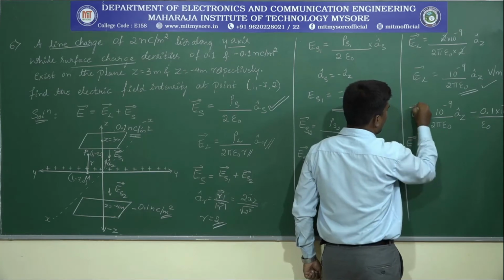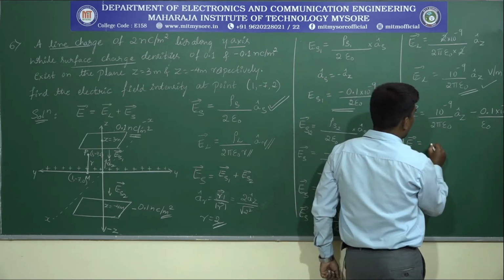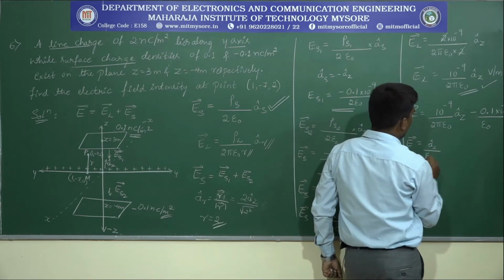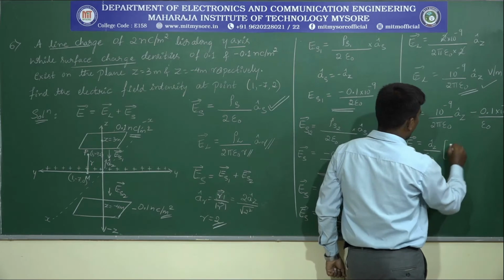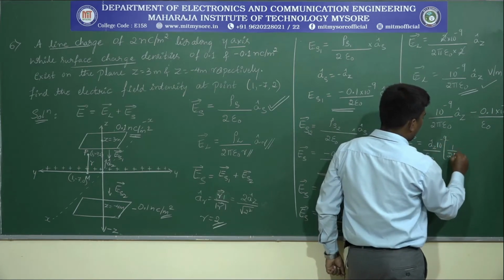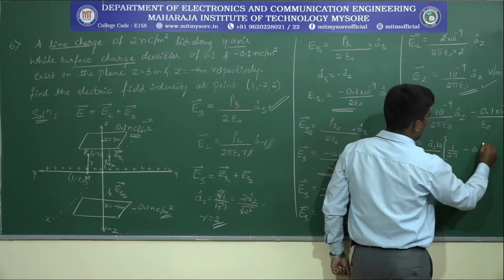Therefore, the total electric field intensity E is equal to, taking all these terms common, Az is common here, divided by epsilon naught is common. And 10 power minus 9 is also common, so we are left with 1 divided by 2 pi minus 0.1.